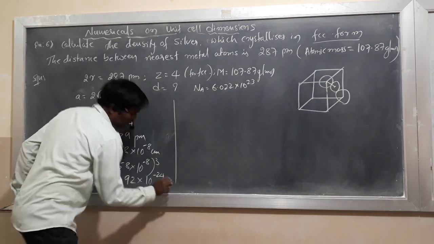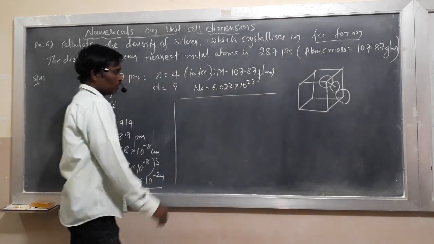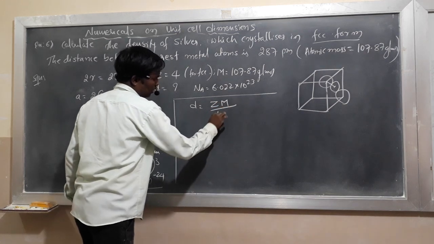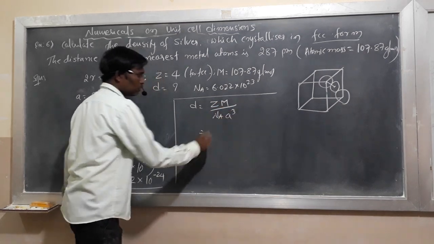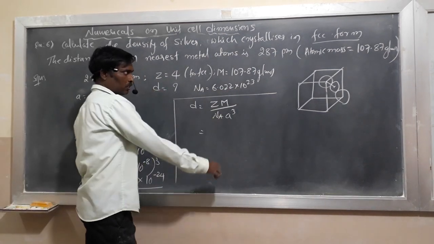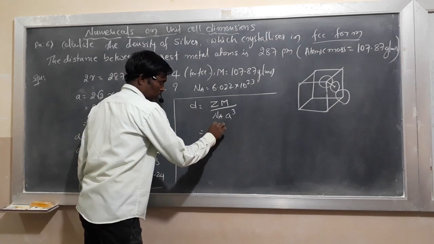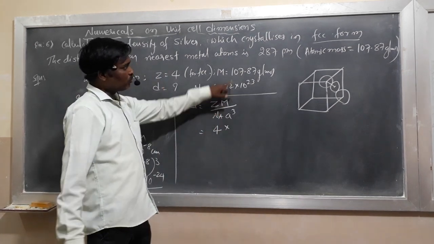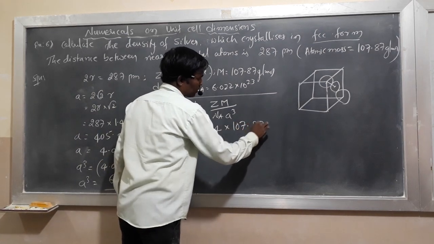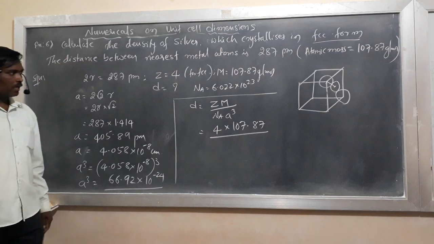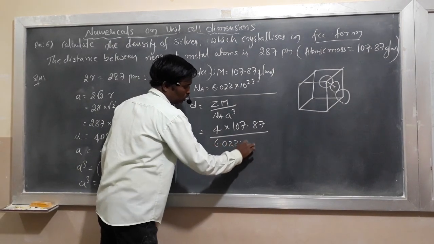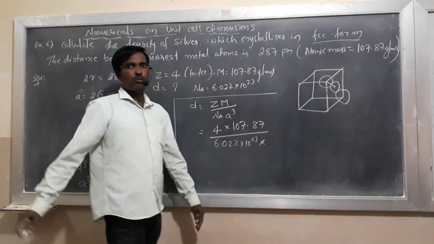Now, let me write the density formula. D is equal to Z into M divided by Na into a cube. Z value is 4, M value is 107.87, the atomic mass, divided by Na, the Avogadro's constant, whose value is 6.022 into 10 raised to 23, into a cube.